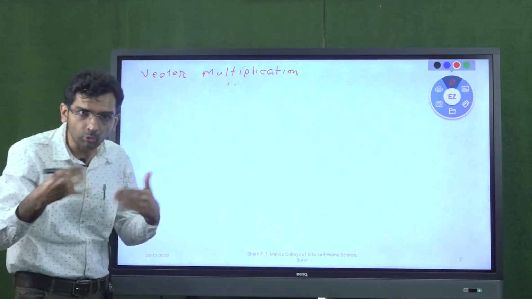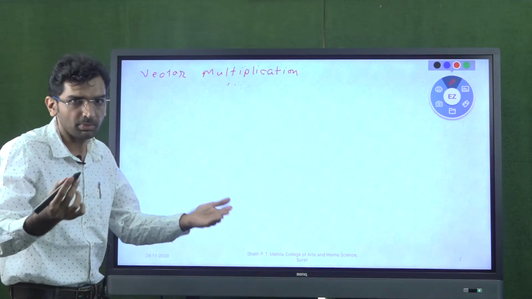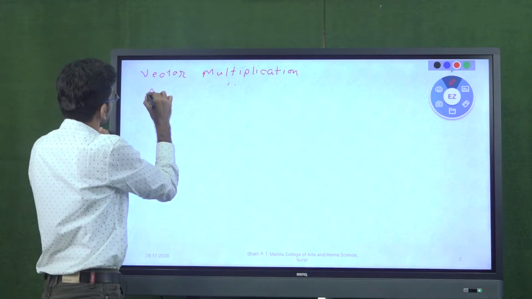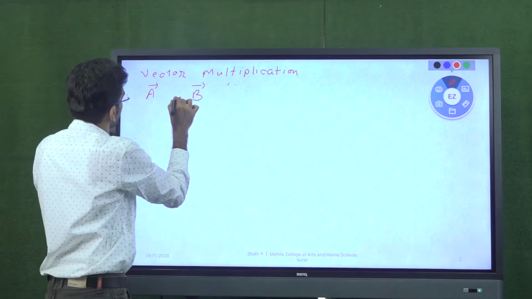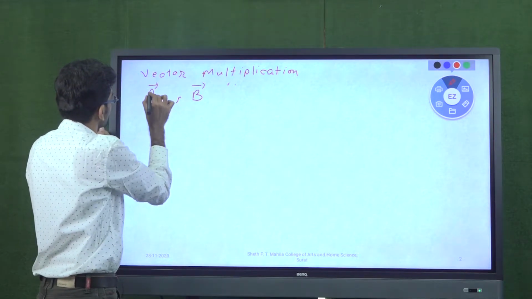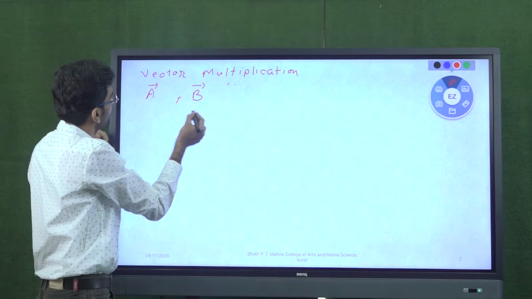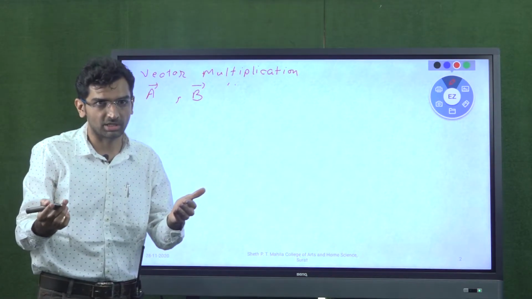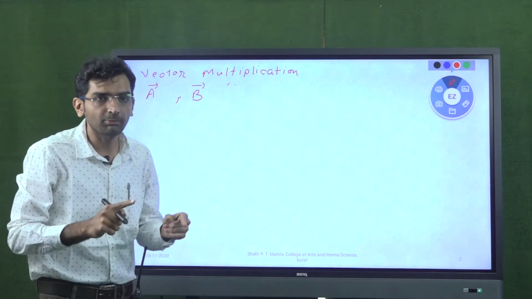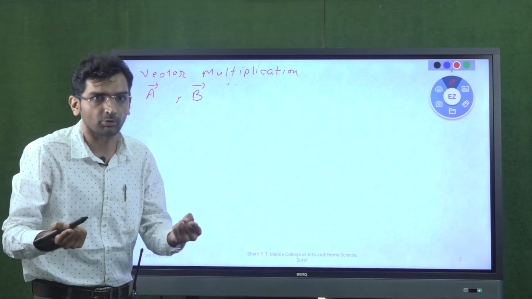Let's say I have two vectors, vector A and vector B. This is how I denote a vector. If I want to multiply vector A with vector B, there are two types of multiplication. One is scalar product, another is vector product.